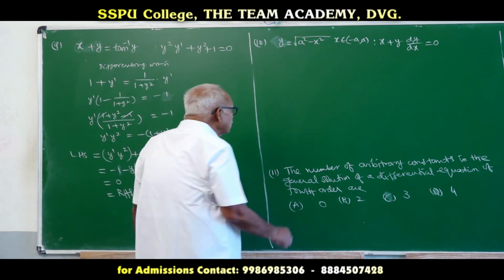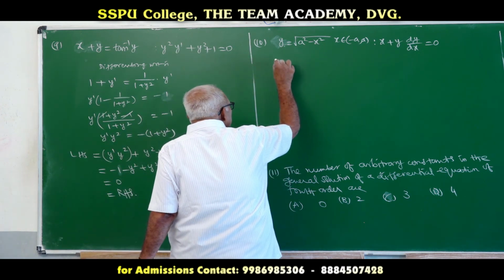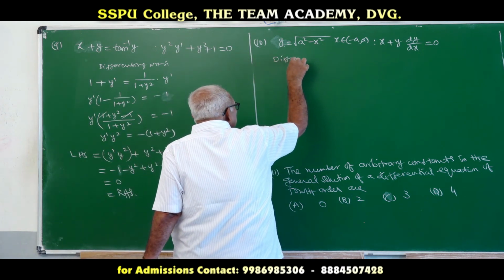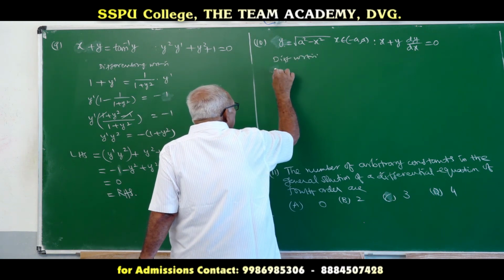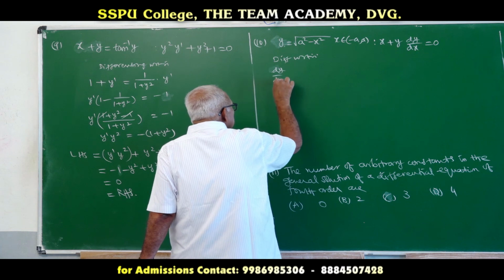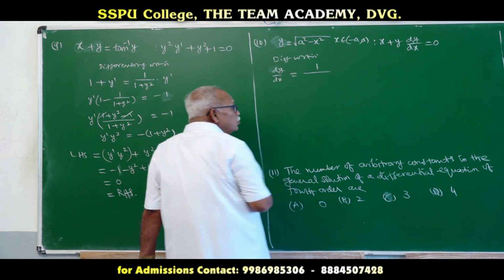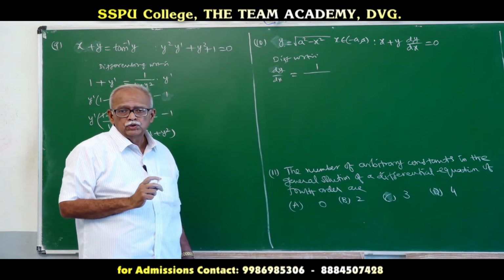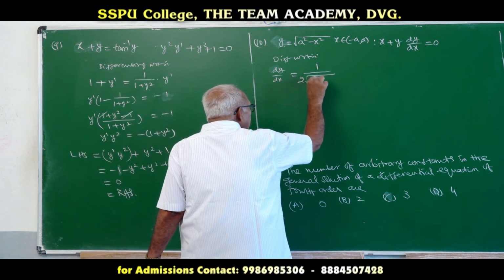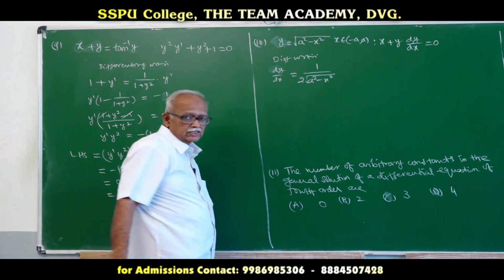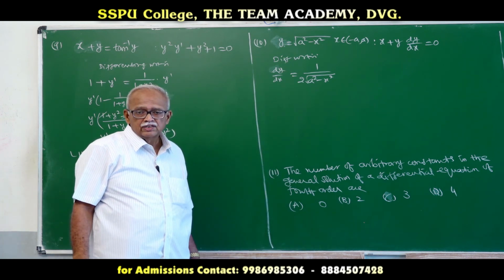What does the 10th question say? What is y dash here? Differentiating with respect to x, how will you find dy by dx? Root function gives 1 by 2 square root of a square minus x square. Then we have to apply the chain rule.